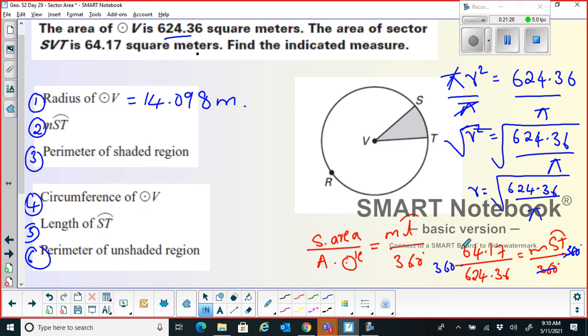You just have to simplify this in calculator to find the measure of the central angle made by the arc ST. So we have 64.17 divided by 624.36, everything in parenthesis, times 360 degrees.